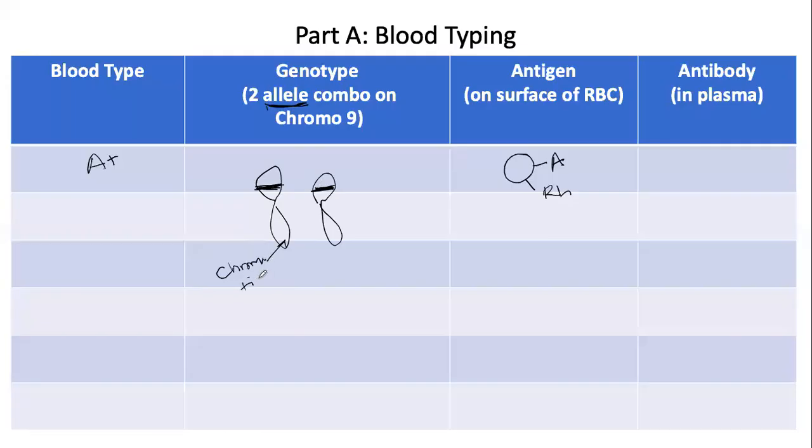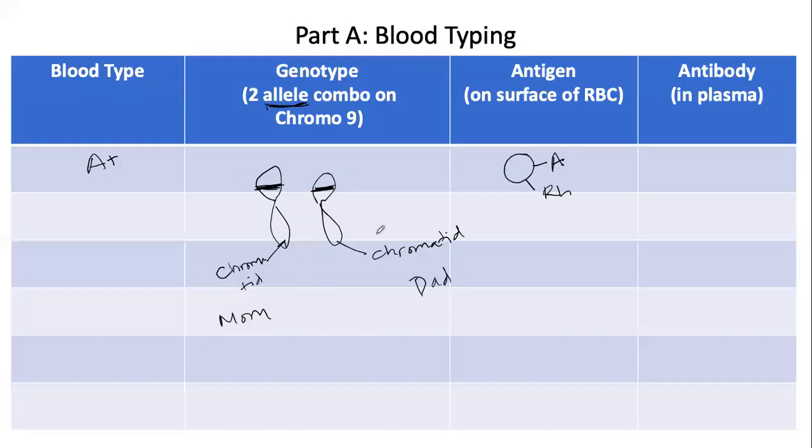Where did I get this chromatid from? I got this one from mom, so that came from my mom. And where did I get this one? Good, it came from my dad. We talked about this a little bit in lecture.